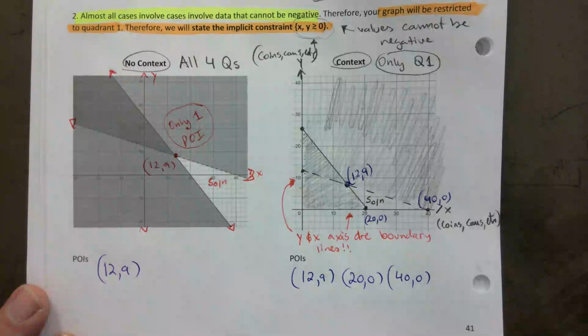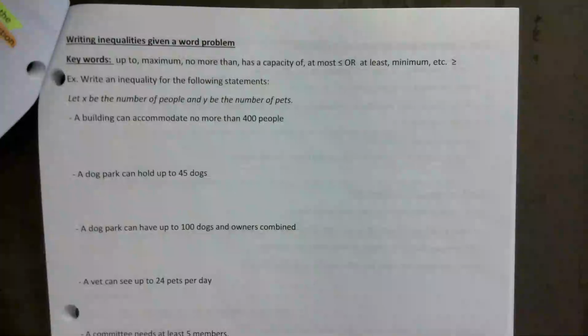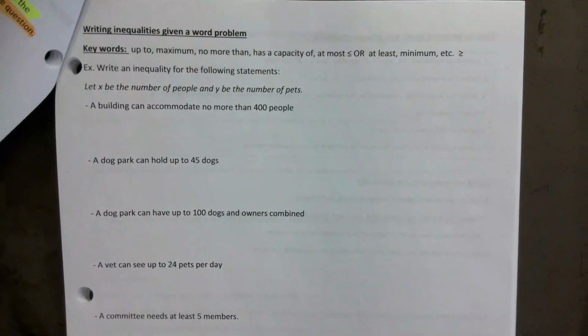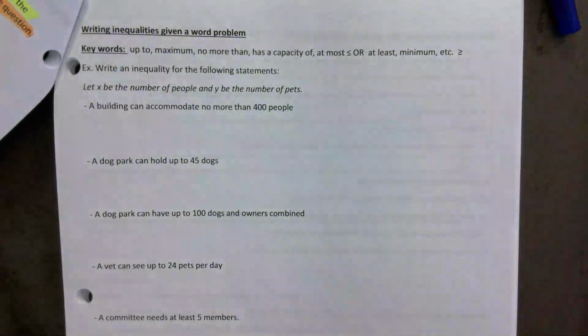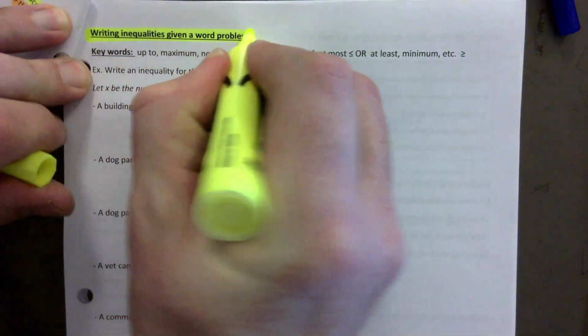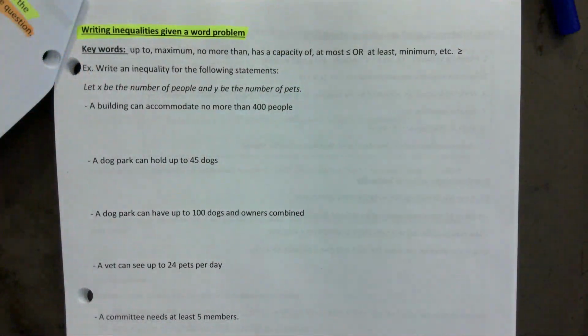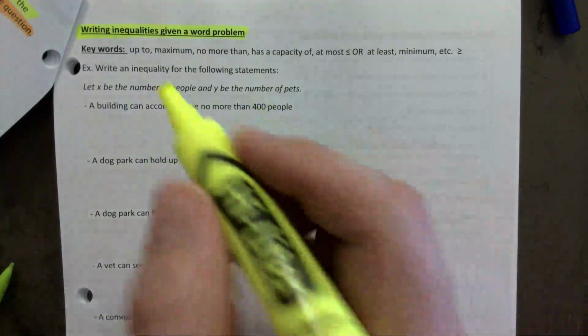So let's go to 42. And this requires you to make sure you have certain hints on your study sheet. What are some key words?